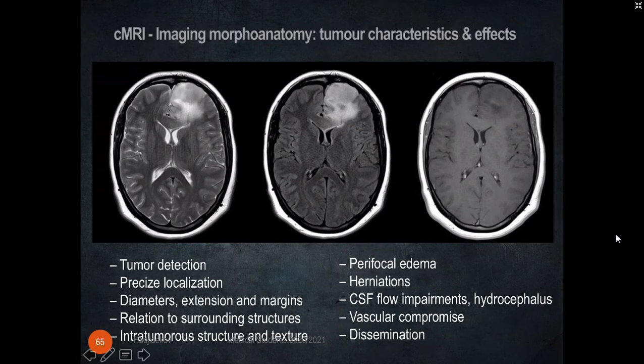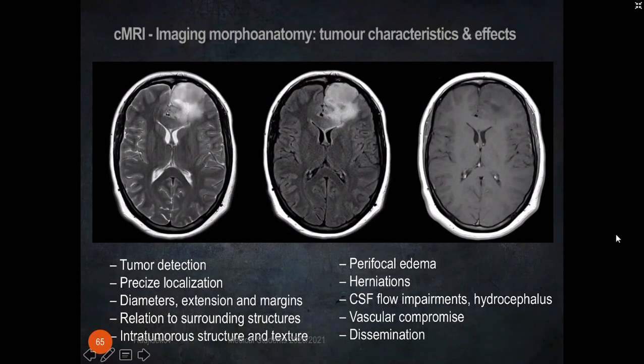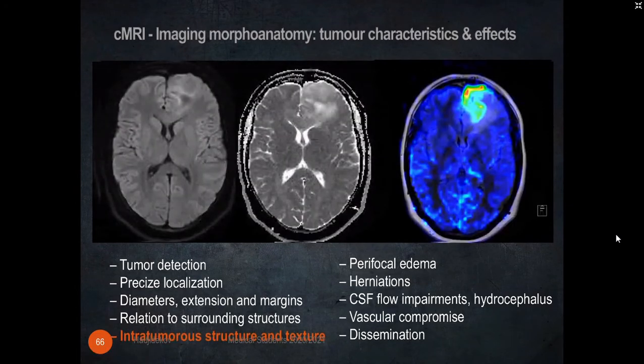It's very important to notice whether there is any perifocal edema or not, some herniation of the brain, some impairment of the cerebrospinal flow or hydrocephalus, and also to evaluate some vascular compromise. So we can image the morphoanatomy of the tumor and the tumor effects on the surrounding brain.